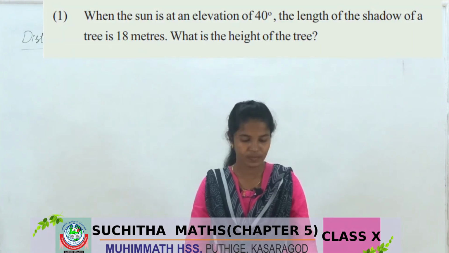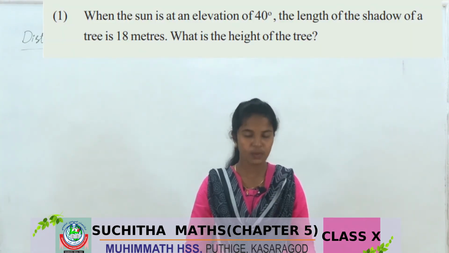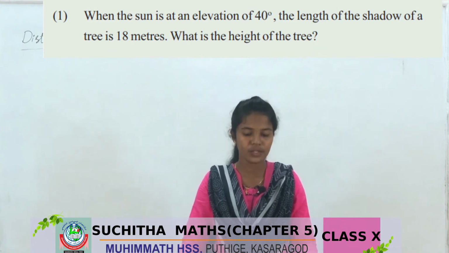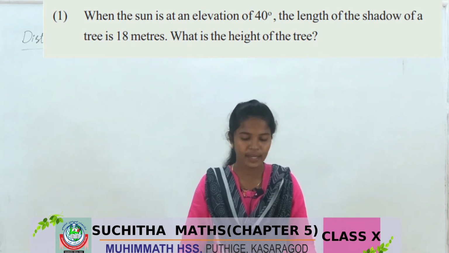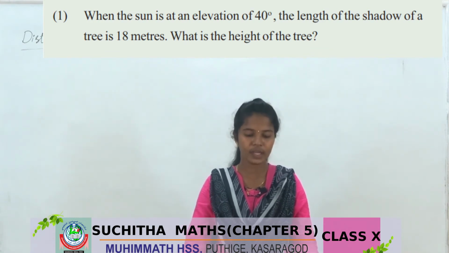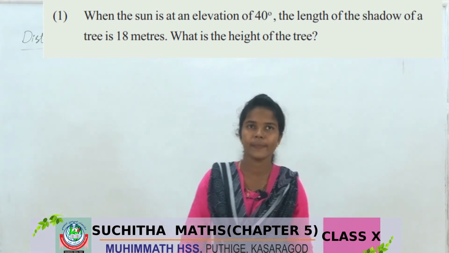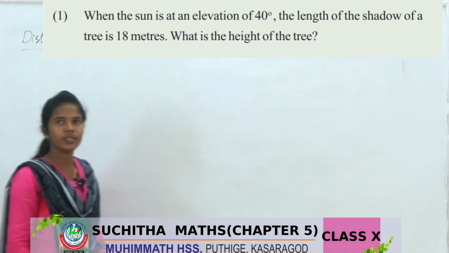Okay. Next, open page number 122. The first question. When the sun is at an elevation of 40 degree, the length of the shadow of a tree is 18 meter. What is the height of the tree? The sun is at an elevation of 40 degree.